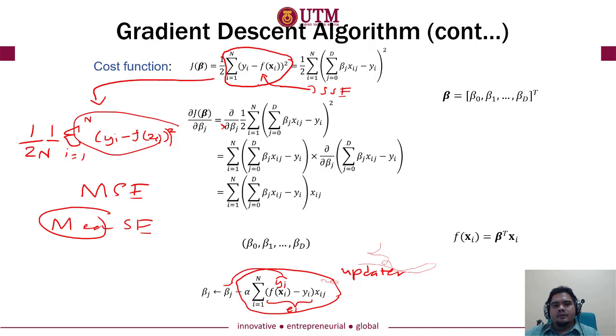Now the 2 there is not just 2. If you talk about the MSE, then this all becomes 1 over 2n, and this one 1 over 2n, and at the end there's a 1 over n on the outside in this derivation.